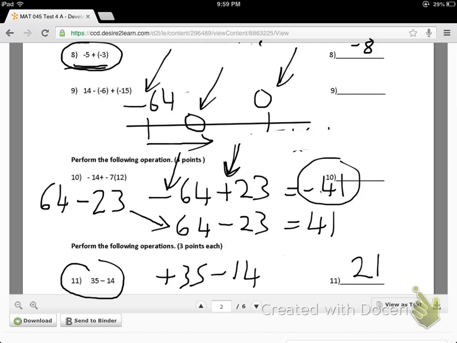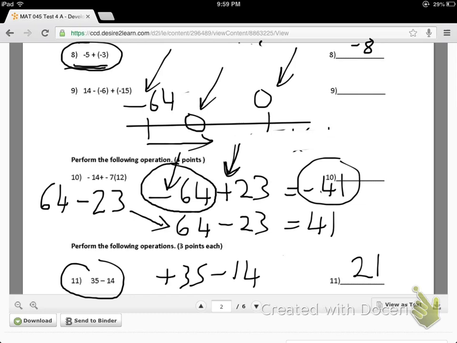But there are definitely more negatives, so the answer has to be negative. It's negative 41. I just think: always take the smaller number, 23, away from the bigger number, 64, and forget about the sign. You get 41, but it's negative 41.